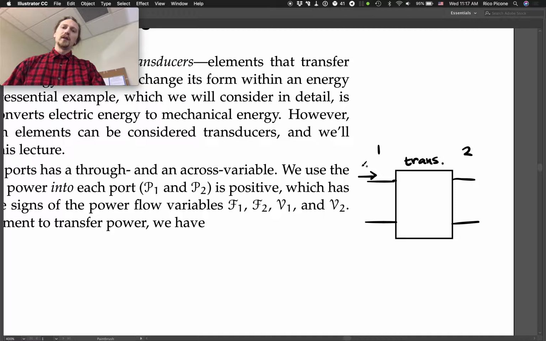variables. So the through variable would be F1, and the across variable, drop across these, would be V1. And the through variable into port 2 could be F2 with a drop across the terminals, V2.